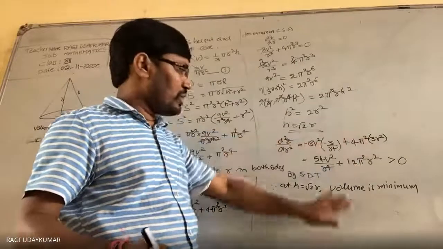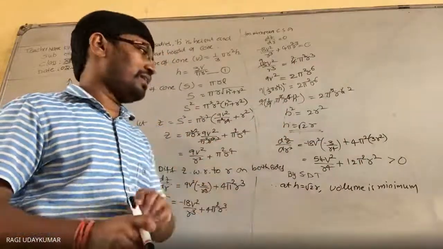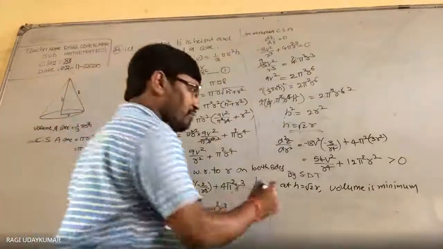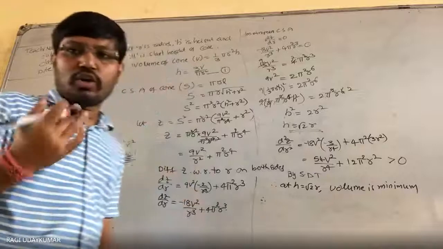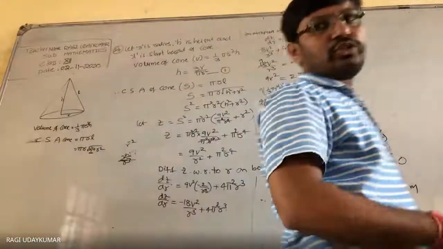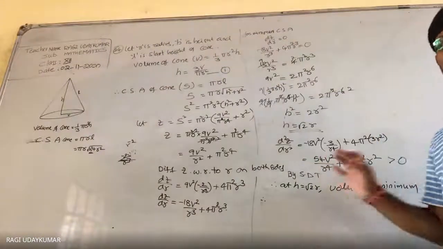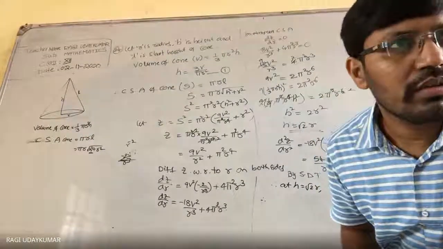So that's why at this particular place the value is minimum. Therefore, height of the cone is equal to root 2 times the radius. Understood? Yes, sir.